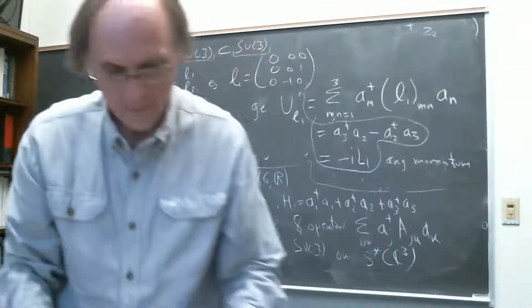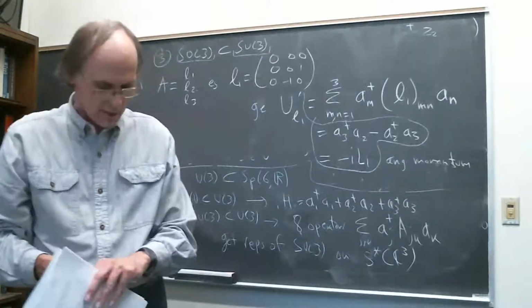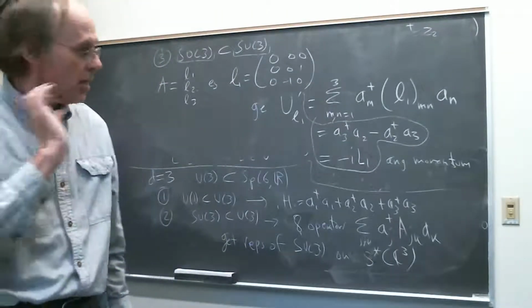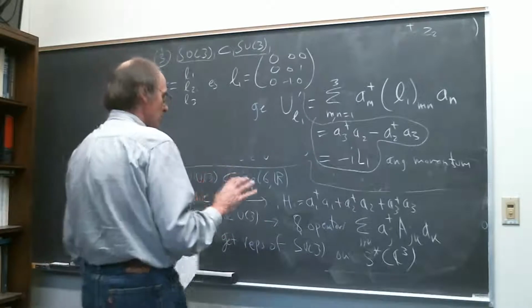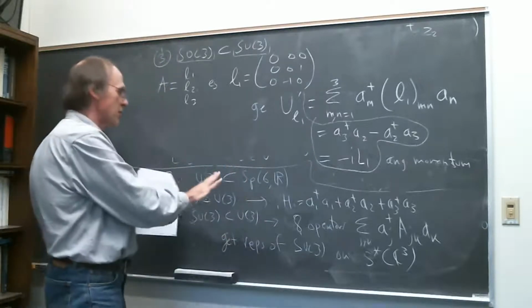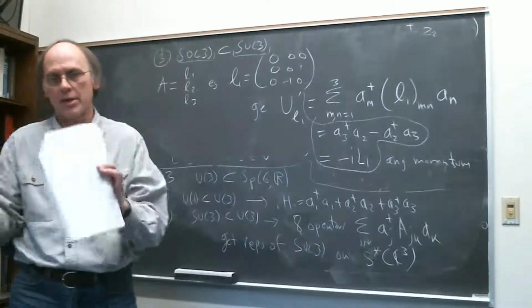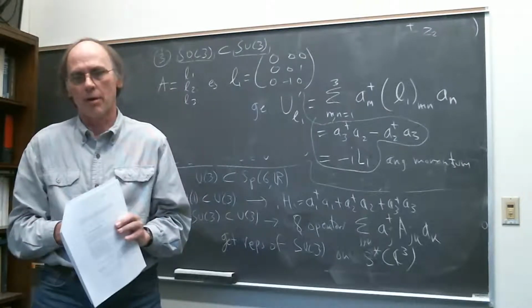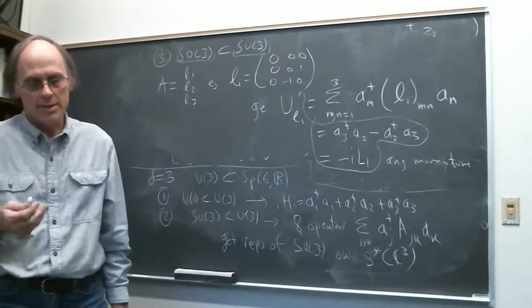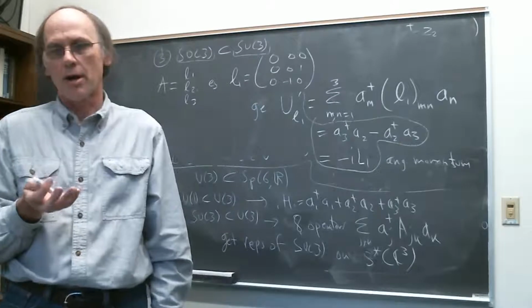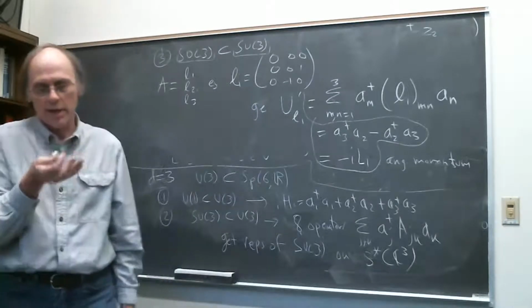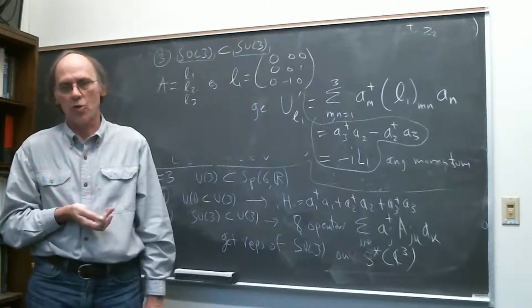Now what I want to do is take this whole picture and move it to infinite dimensions, and use it to figure out what operators we're going to get corresponding to symmetries when we do quantum field theory.